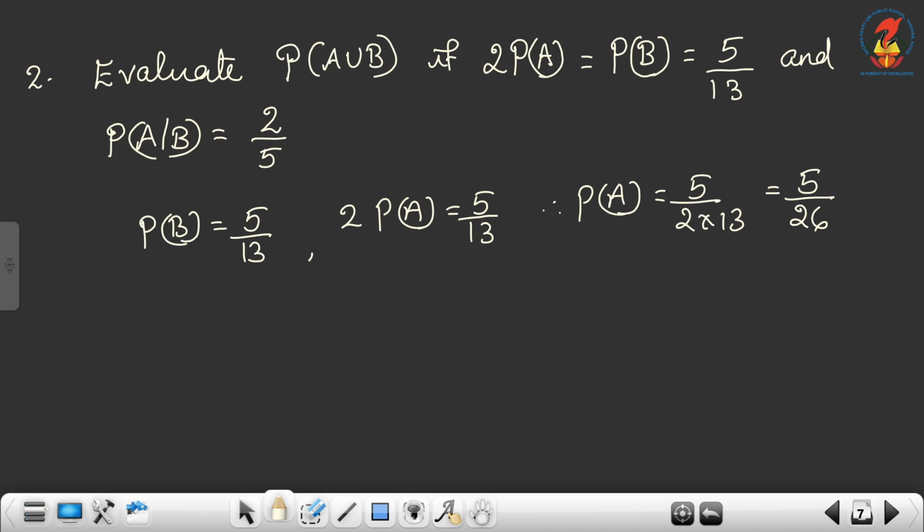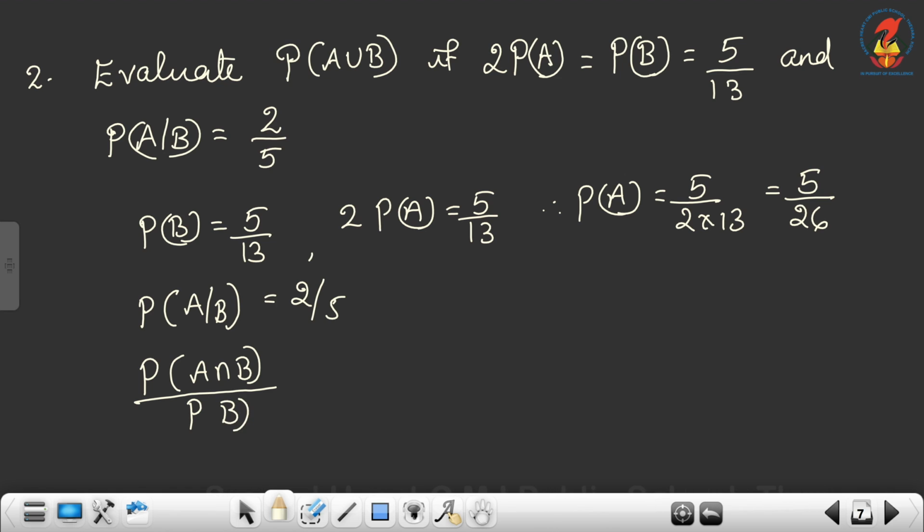So P of A, P of B. Now P of A given B is given. P of A given B is 2 by 5. What is P of A given B? P of A intersection B by P of B, that's equal to 2 by 5. So what is P of A intersection B? P of B is given now. P of B is 5 by 13.